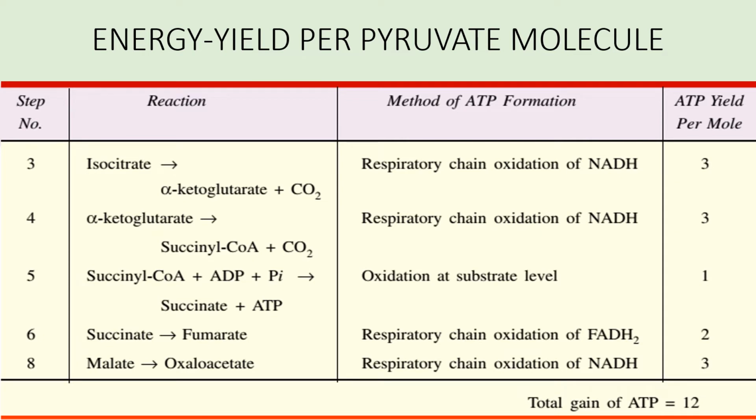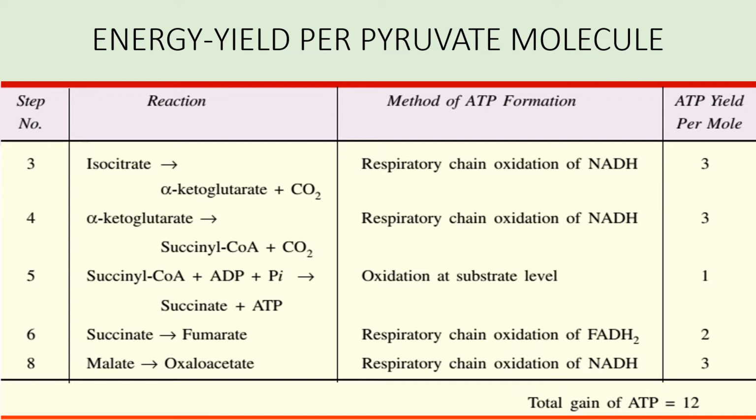Step number 5 of the cycle: succinyl coenzyme A plus ADP plus phosphate gives you succinate and ATP. Oxidation at the substrate level, ATP yield per mole is 1. Step number 6, succinate is converted to fumarate, a respiratory chain oxidation of FADH2.